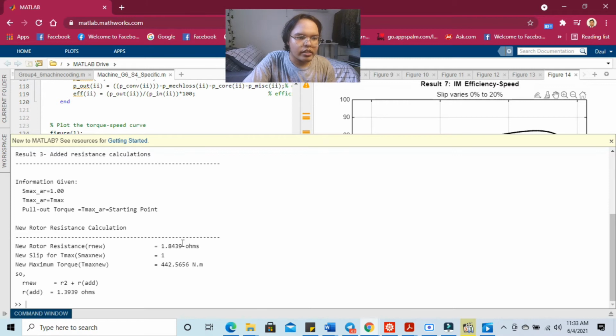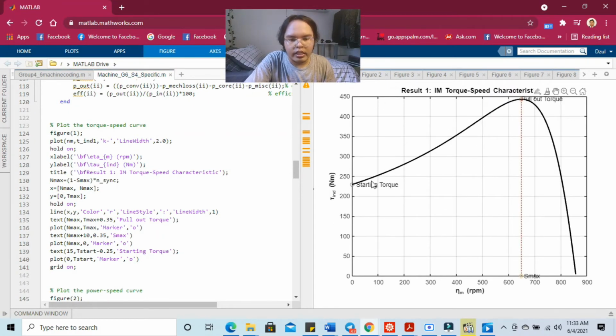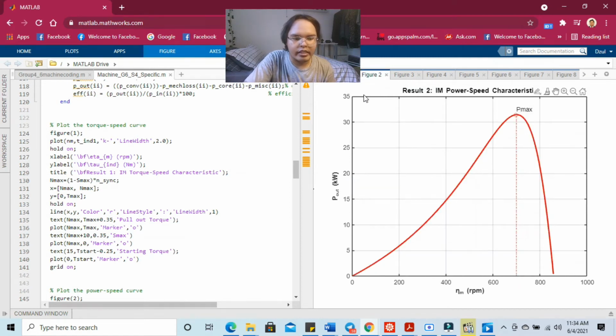For the graphs that we have done, figure 1 is the torque speed characteristic, where we have the starting torque, pull out torque, and the ending of the torque. Pull out torque is the maximum torque that the induction motor can develop. The second graph is the power speed characteristic, which starts at 0 and reaches the maximum output power.